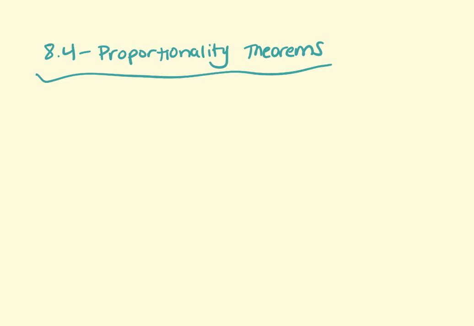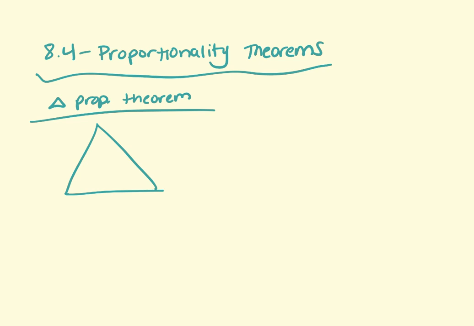The first one was dealing with the parallel sides in a triangle. So the triangle proportionality theorem, which said that if a line parallel to a side of a triangle intersects the other two sides, then it cuts those sides proportionally.